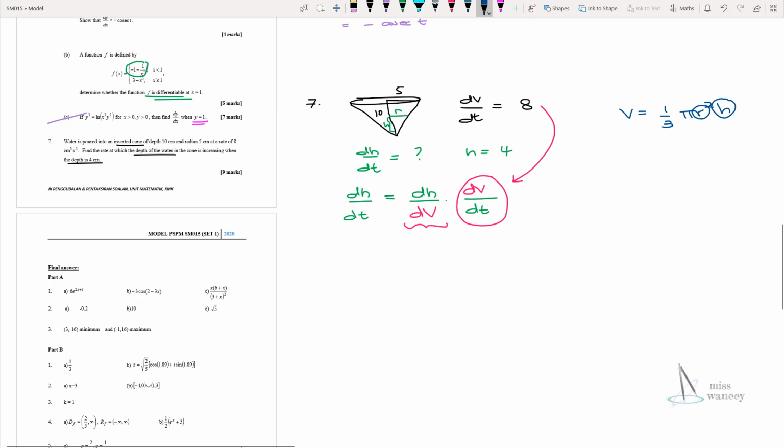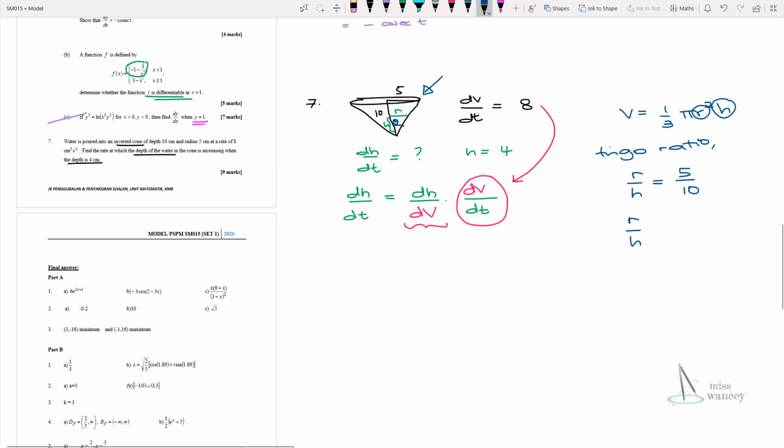So what happened here is that I didn't use this cone yet. So let us check the trigonometric ratio. So if I do a tangent, so if let's say this is our theta, so tangent is actually opposite over adjacent. So I know r over h, so that is for the small triangle. This is actually equal to 5 over 10.